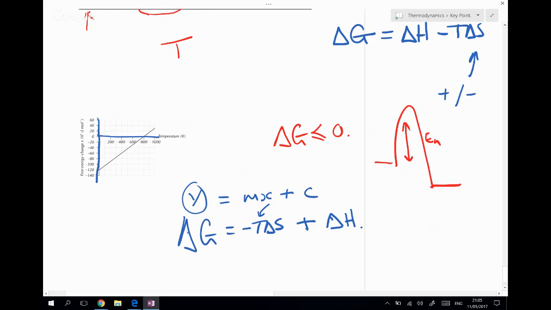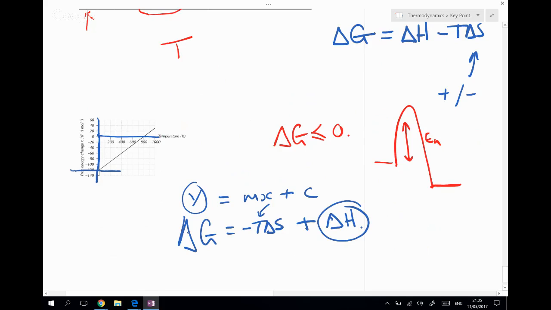So what that means is the intercept of the graph here is a value for the enthalpy of the reaction, whilst the gradient of the graph is an indication of the entropy value. So we should be able to plot data and also identify when reactions are occurring and also what the entropy and enthalpy would be from that.